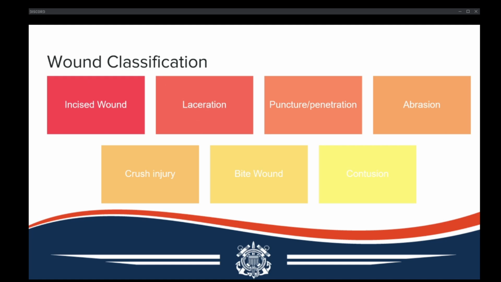I'm sure you'll see a lot of those. Abrasions. So if they've gone off the road, a fancy name for road rash in most cases, but any abrasion where it's like a sandpaper effect. Crushing, self-explanatory. Bite wounds from dogs or could be people.